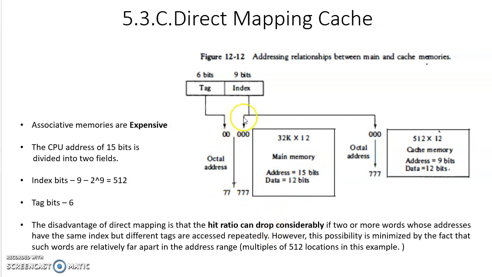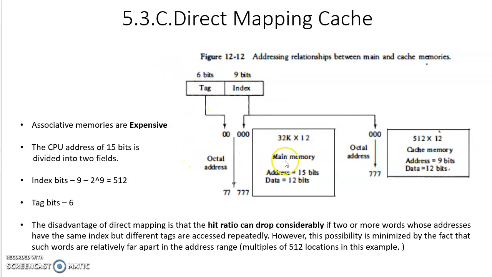So we are observing these address bits. After observing them, it is found that 9 bits of these 15 bits are index bits only. They are similar to the index of the cache memory, so no need to store them again, we just store the tag bits.